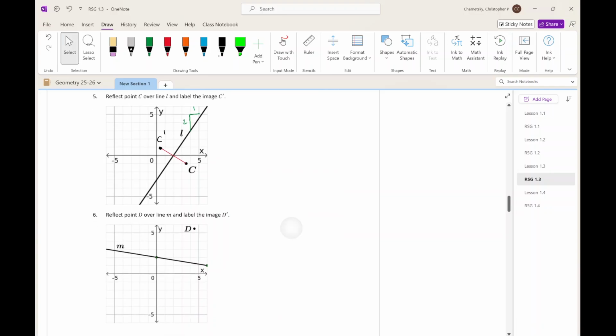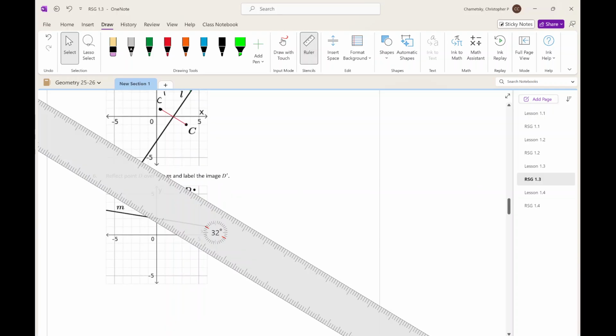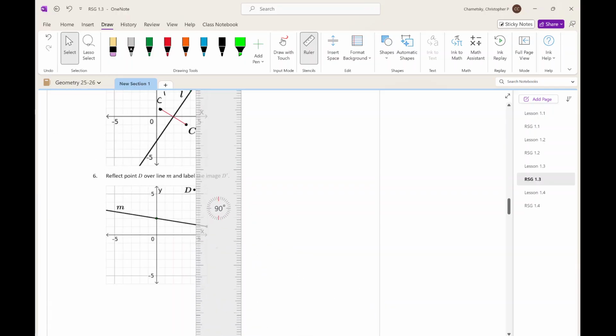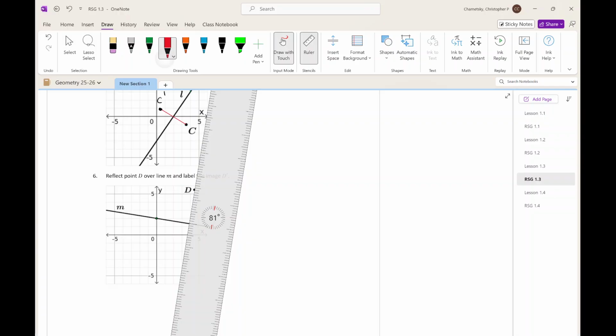All right, and then for 6, I think we're going to have the same issue. So we're going to have to do the same trick with our ruler. We're going to line it up so it's perpendicular to our line of reflection, and then I'm going to go that same distance.